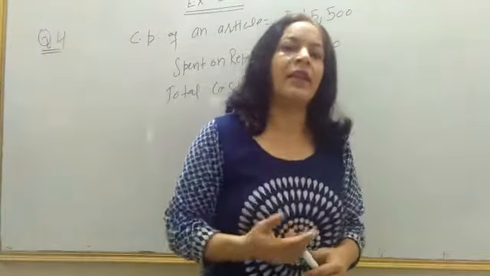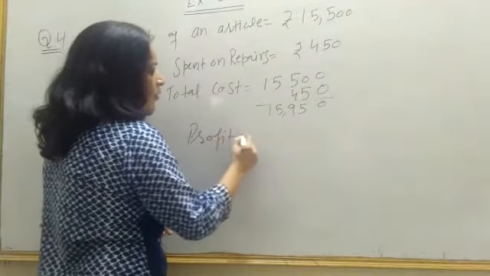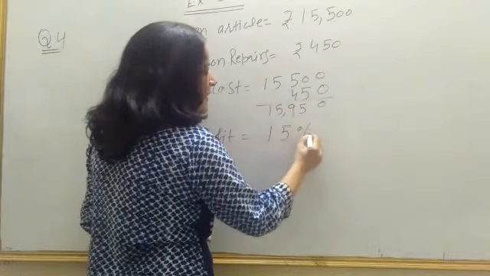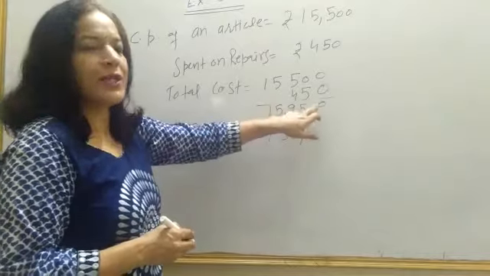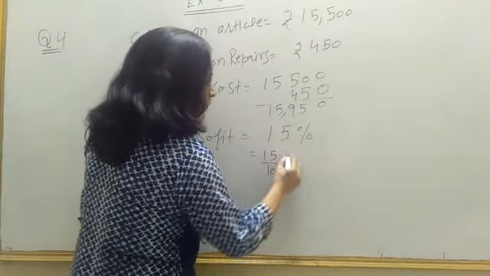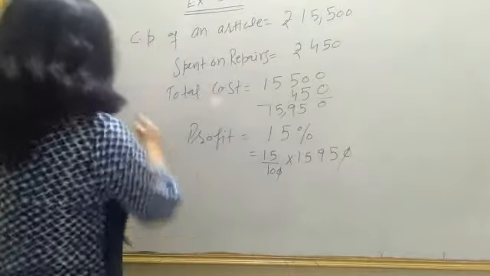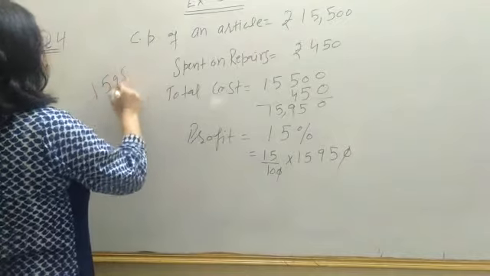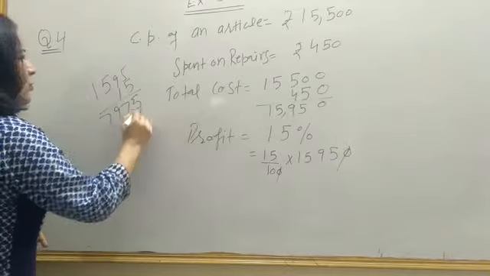And then what did you do? You sell it again. You earned a profit of 15%. The profit will be on the cost price. Find 15% of this 15,950. The zero cancels with this, so 1595 multiplied by 15.